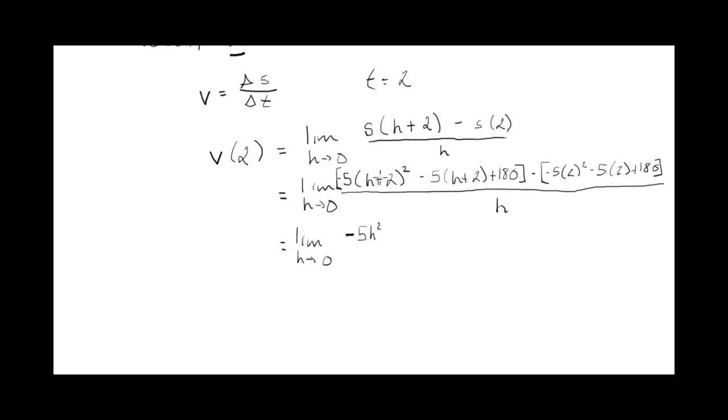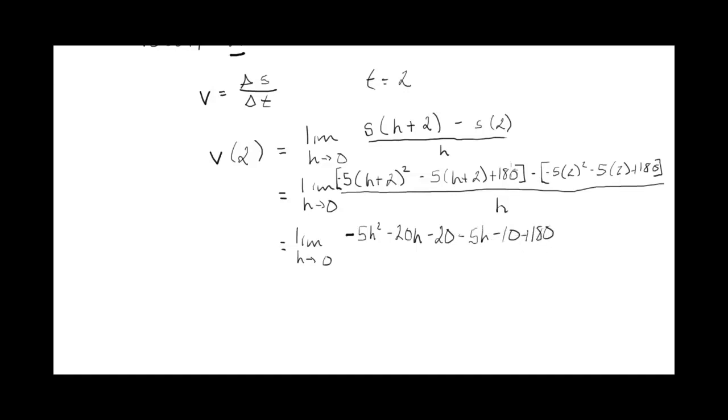Then the middle term from h plus 2 squared would be 4h times minus 5, so you'd have minus 20h, 4 times 5 is 20. And then 2 squared, you'd have 4 times minus 5, so you'd have minus 20. Expanding this, you get minus 5h minus 10 plus 180.